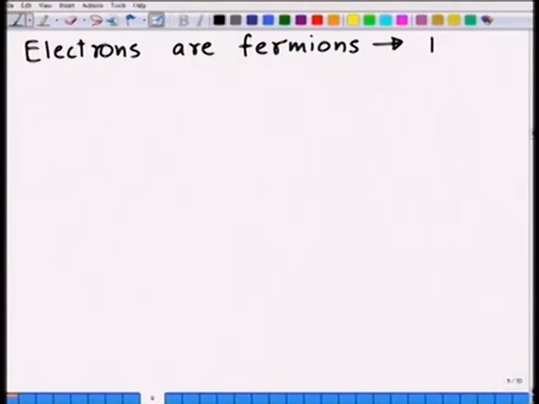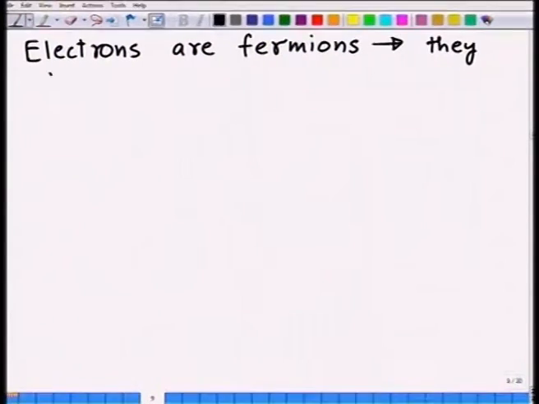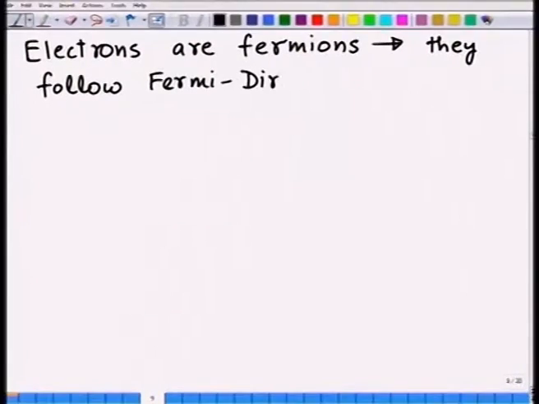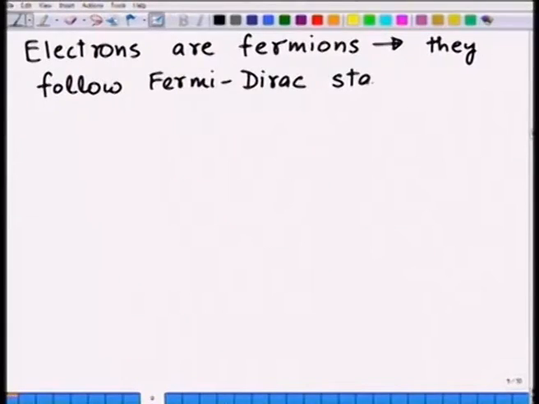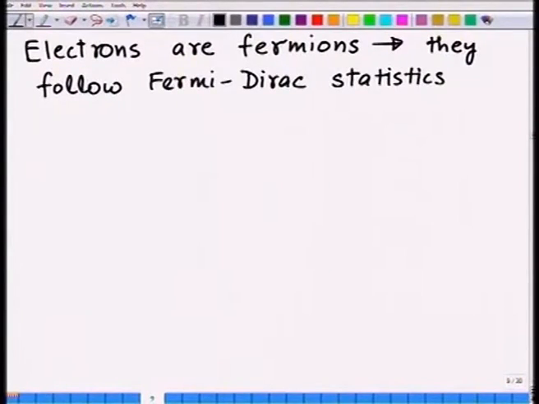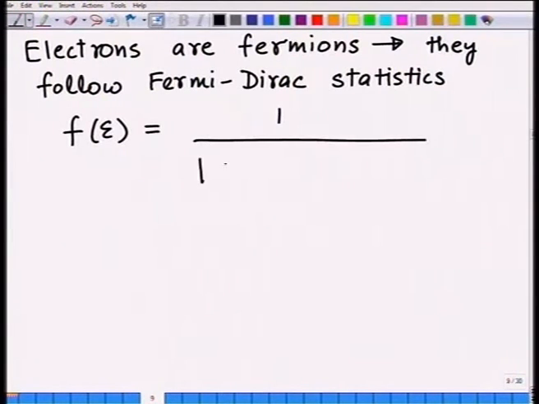They follow Fermi-Dirac statistics. So what is the Fermi-Dirac distribution? F(E) is equal to 1 over 1 plus e to the power (E minus E_F) by kT.